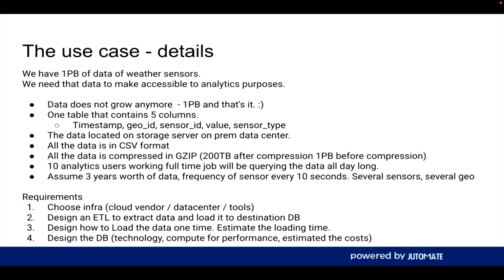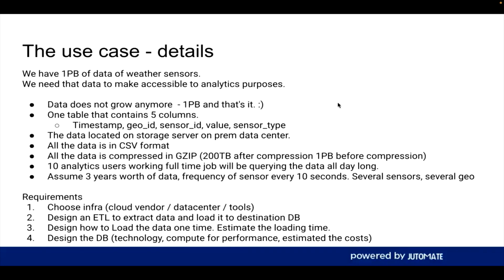Timestamp, Geo ID, which stands for geography, for example, Europe, Paris, or New York, US. Sensor ID, which stands for the amount of sensors you have, the value that was measured, and the type of the sensor.